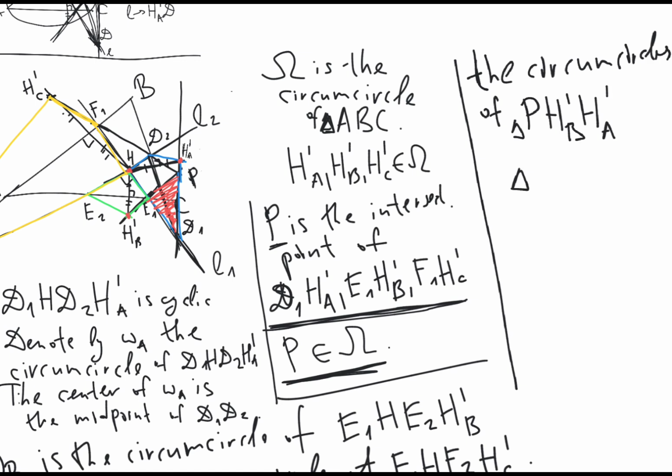Then the second one would be D1, H, A prime, and the third one is E1, H, B prime. So the circumcircles of these three triangles must intersect at a single point.